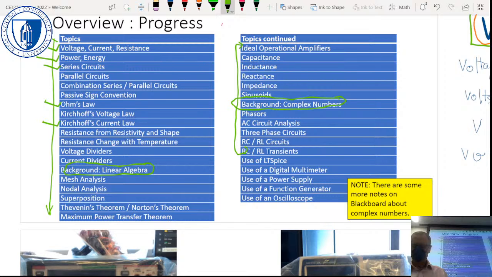If you have a device, and I'm going to draw a generic box because it could be a resistor or a capacitor or an inductor, then the voltage, the low side is on the right hand side and the high side is on the left hand side here. And the current flows into the positive.